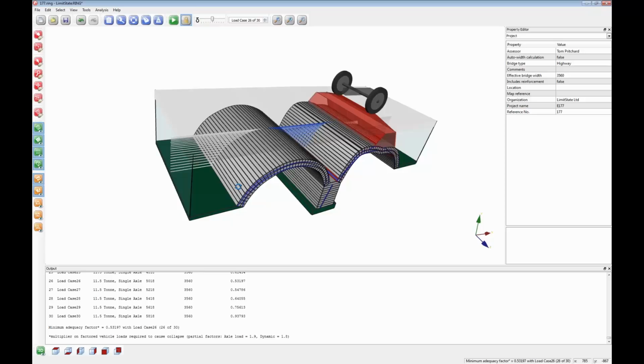I think it's largely there, as described in the annex to one of the UK Highways Agency documents, to allow the analysis results to correlate with test results that were carried out in the 1980s and 1990s. I think probably that will be the subject of a whole new webinar, so I probably need to move on.